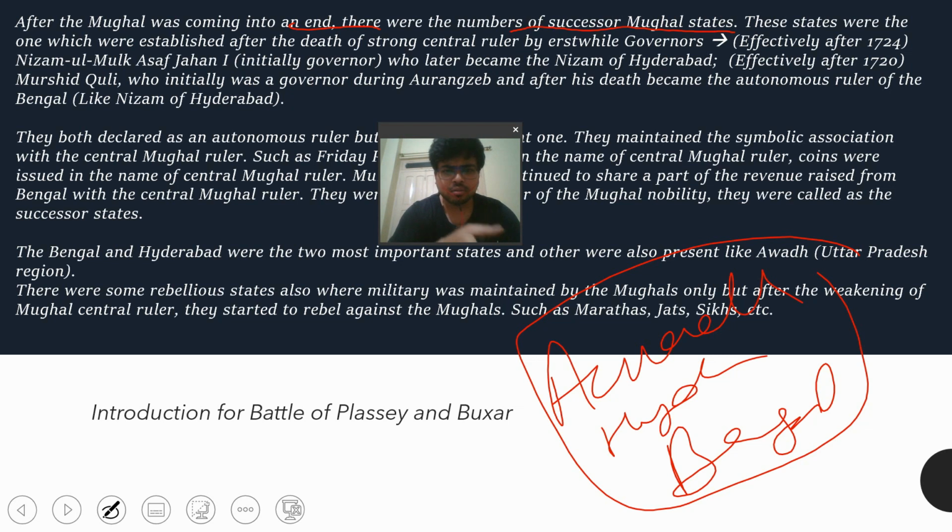The Maratha and the Sikh ones were the rebellious states, and there was another kind called successor states. So the Mughal state was divided into rebellious and successor states. The rebellious ones completely detached from the Mughal empire, while the successor states followed the Mughal empire and ruled under it, but had a separate independent government. That kind of mindset was there.